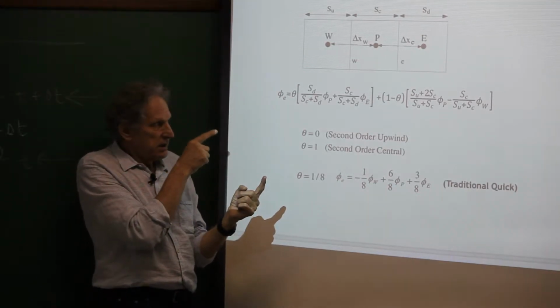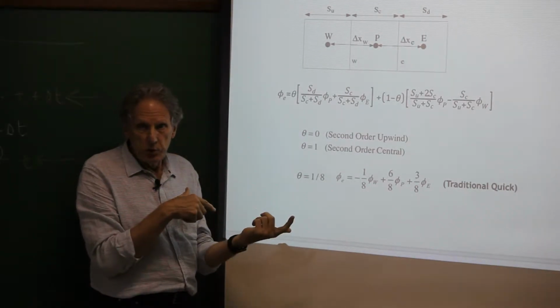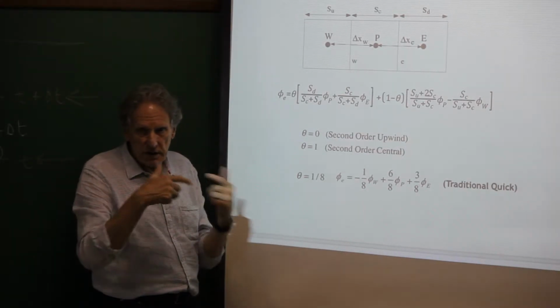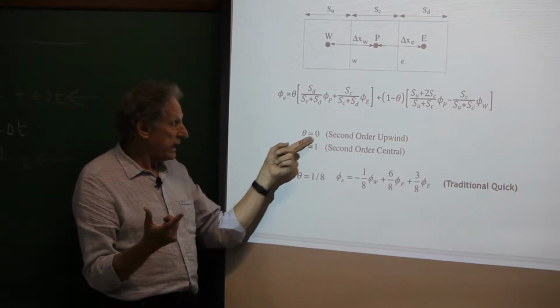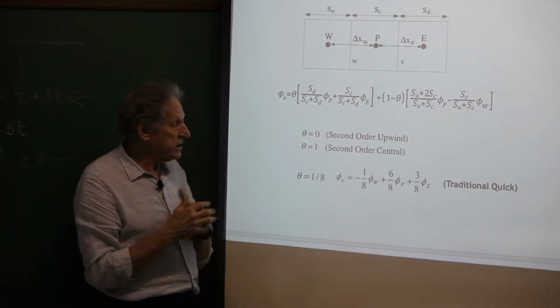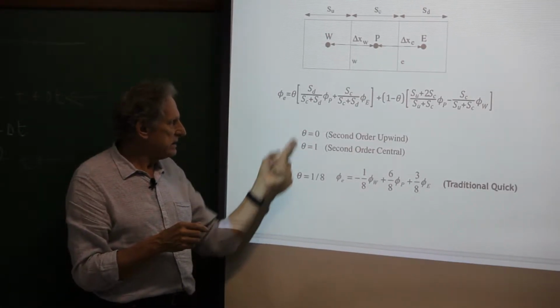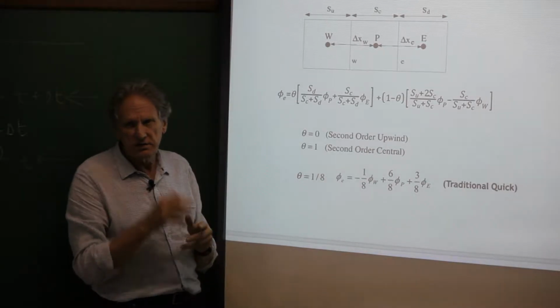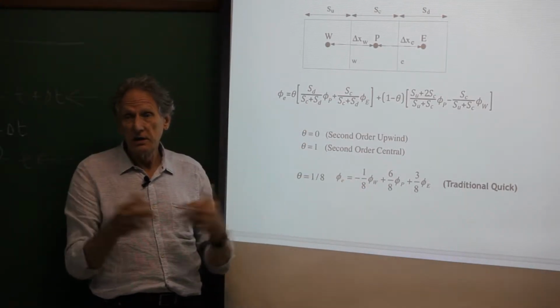So this scheme recovers pure UDS, pure second order, and recovers the second order upwind. The traditional QUICK is when theta is 1/8. But this is general. You can use it.